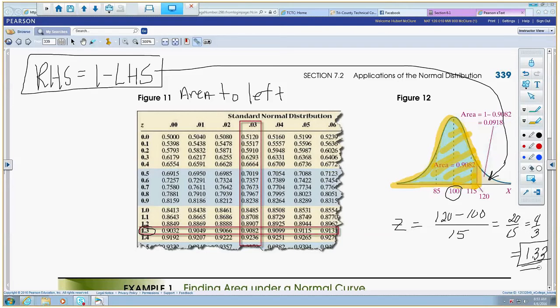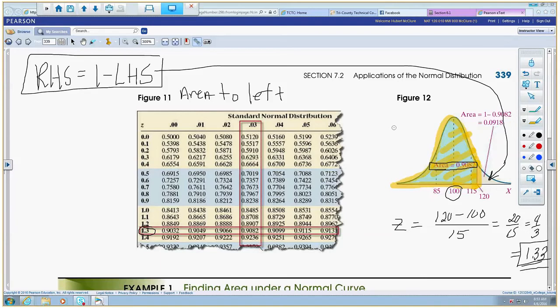And that's what you want. 1.33 gives you a 4-digit number of 0.9082. And that's your area. 0.9082. So the probability of a score being less than 120 is about 91%.